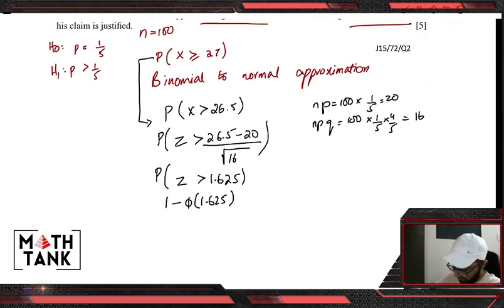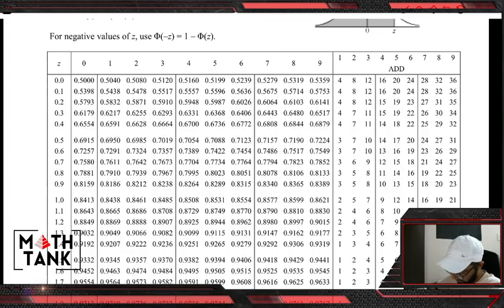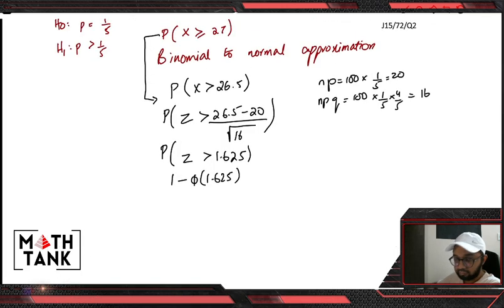Page 224. Let's go to the last page. 1.625. So 1.62 and 5 is 5. So that's 0.9479. Let's see, what do I get?